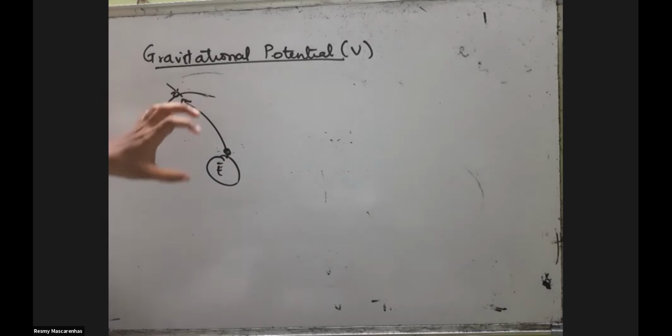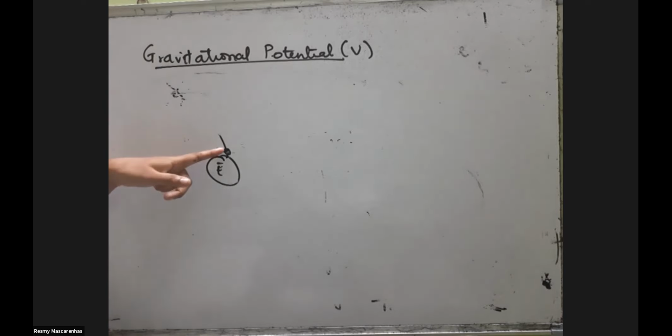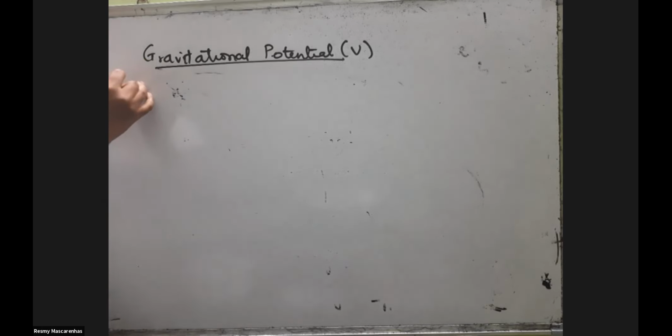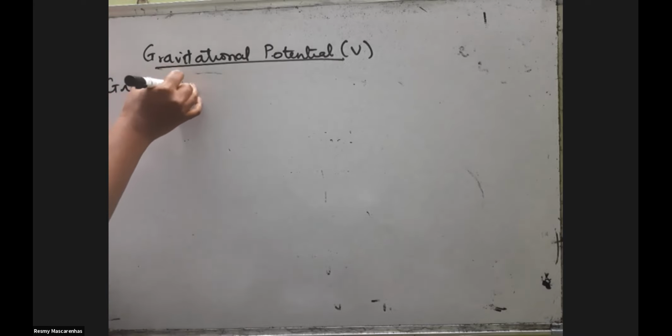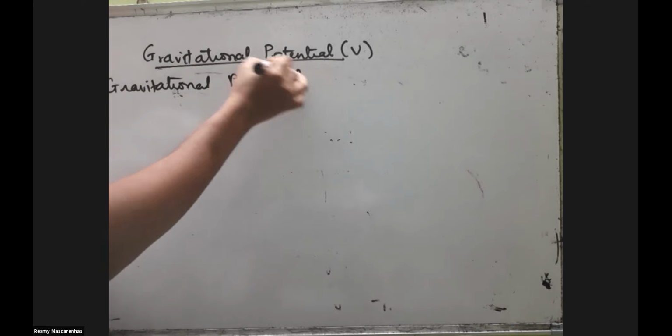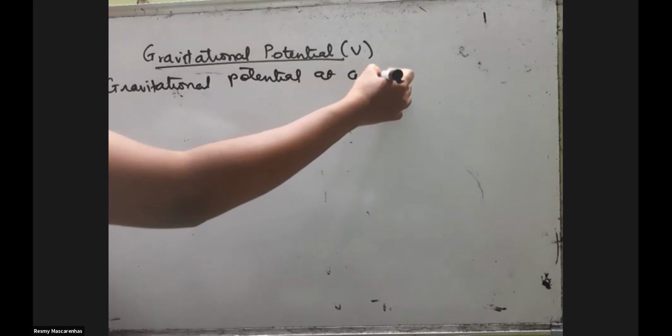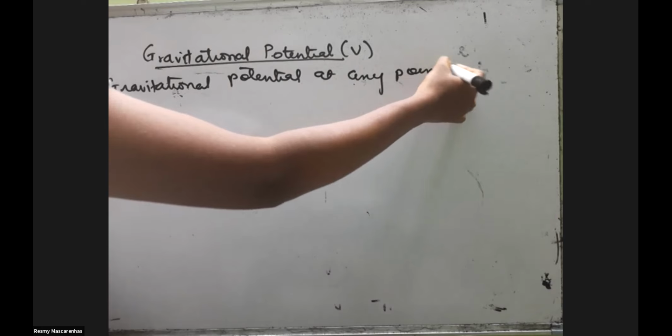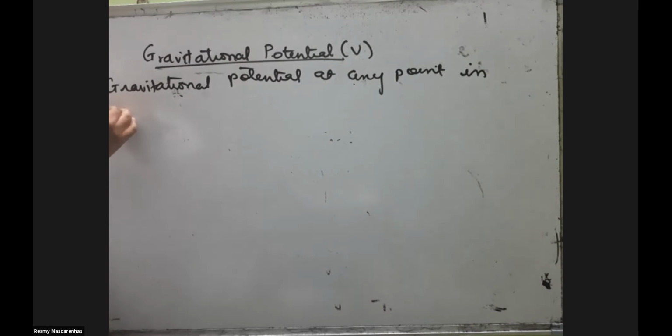But I have to put some force, some energy, some work to take this point from here to infinity. So that is called gravitational potential. That is the work done to take this from here to infinity. So gravitational potential at any point in the gravitational field.